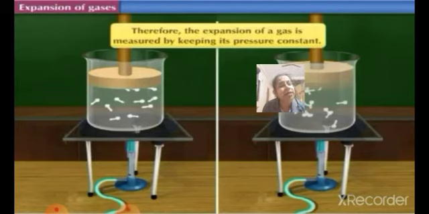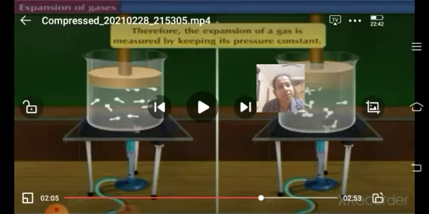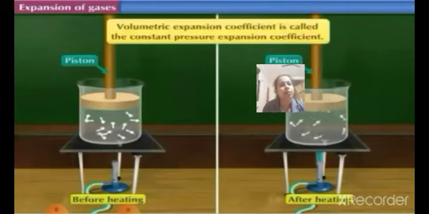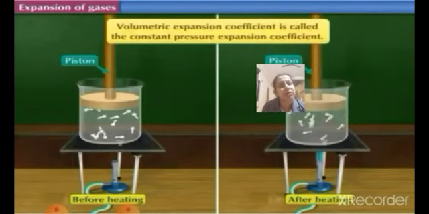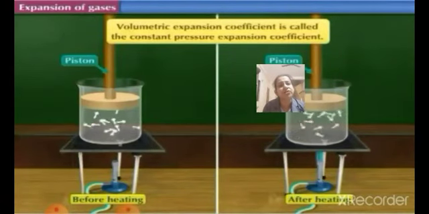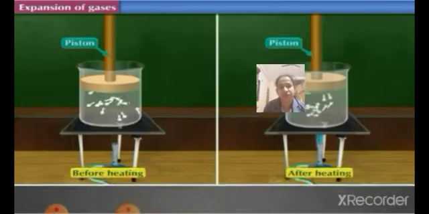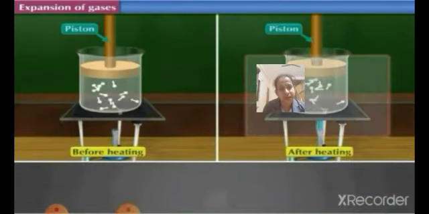We change the volume by moving the piston, but keep the pressure the same. This is called the constant pressure expansion coefficient instead of volumetric expansion.